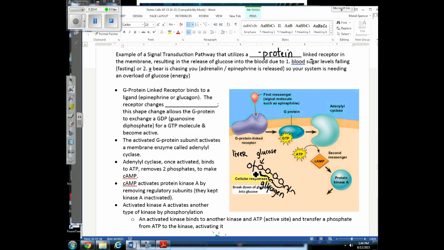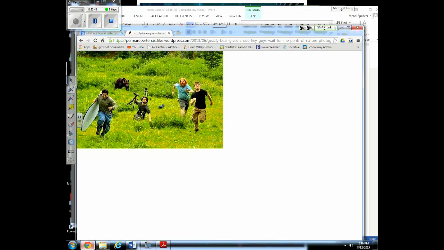And then the glucose is going to be released from this cell into your system, where eventually the blood is going to deliver it to the cells that need this glucose. So that is what I mean by the result being a release of glucose into the bloodstream. And this can happen because your blood sugar levels have fallen because it's been a while since you've eaten, or it could be due to stressful times or something scary, such as a giant bear chasing you.